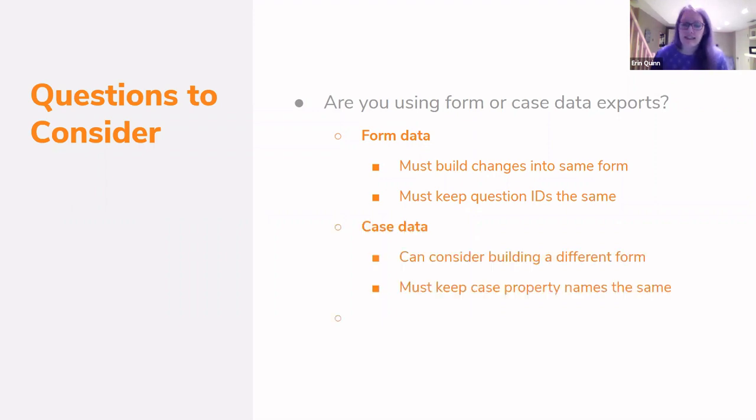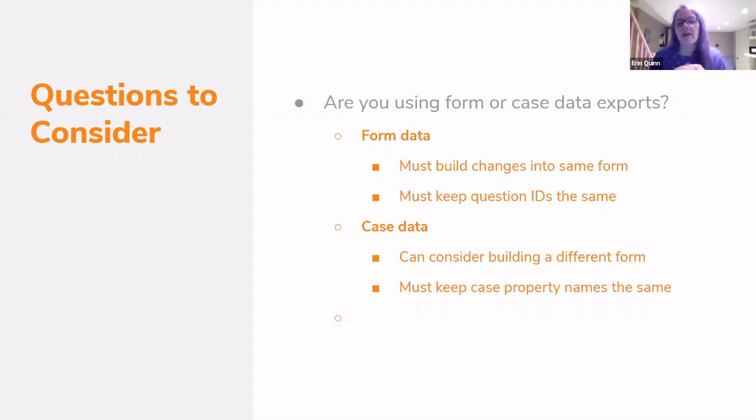If you're using case data, you have a little bit more flexibility. You could consider building an entirely new form. So say I have a home visit form, that's my normal home visit form that assumes I'm going in person. If I'm only using case data, I could build a second form, like a remote home visit or a phone screening home visit form.